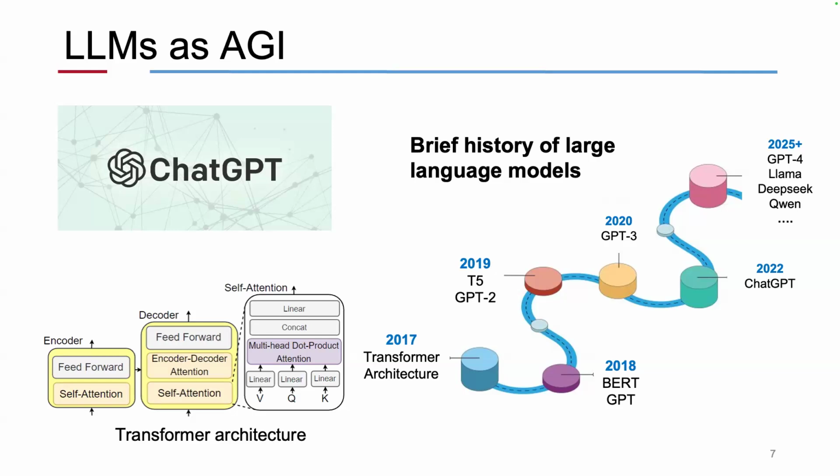Then in 2022, ChatGPT opened a new era, where conversational AI systems opened a lot of opportunities for the whole world, right? Nowadays we have GPT-4o, and also Llama and DeepSeek, and in China there are many other large language models such as Qwen.